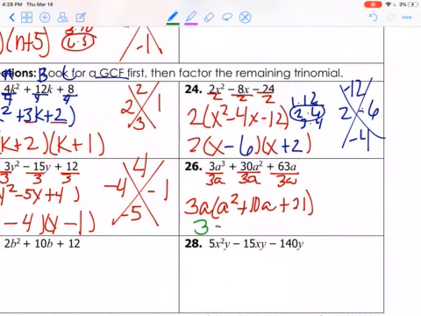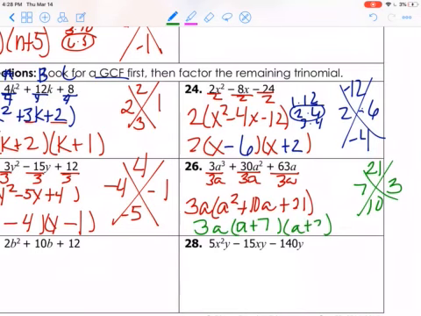Then I'm going to factor this. Things that multiply to be 21, add to be 10, are 7 and 3. So I'd have a plus 7 and a plus 3.